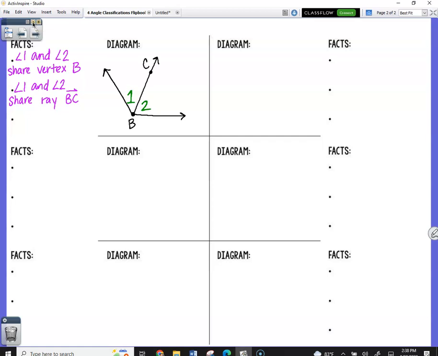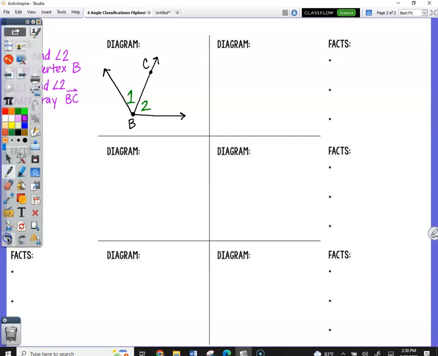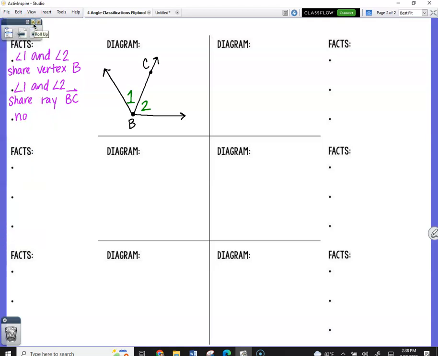They will also have a side in common, and that side is a ray. There are no common interior points.